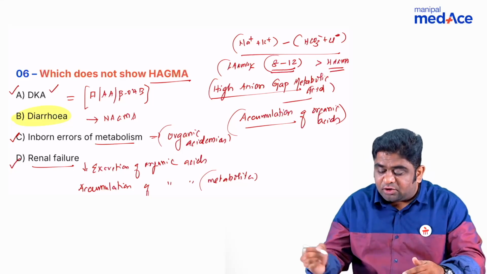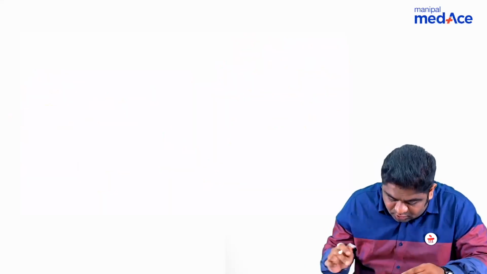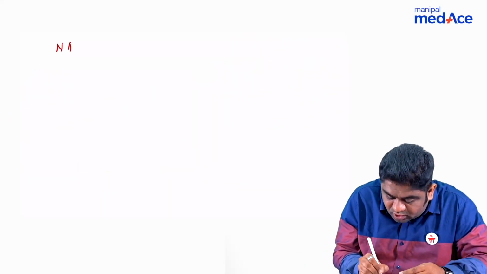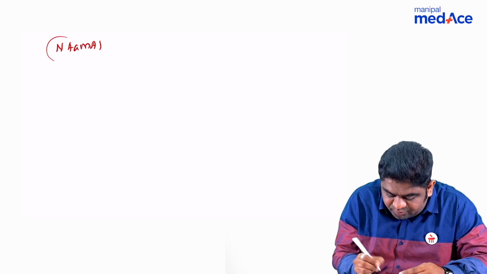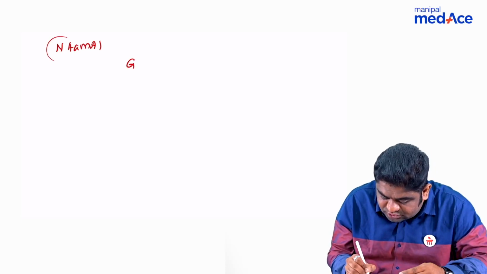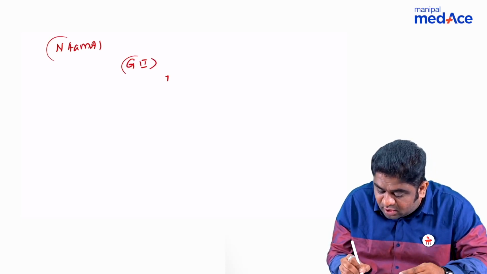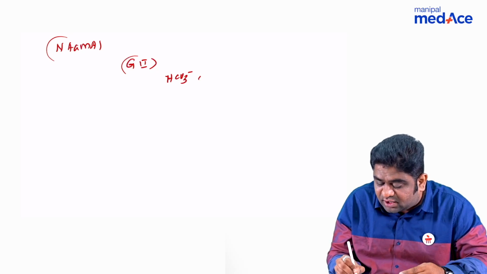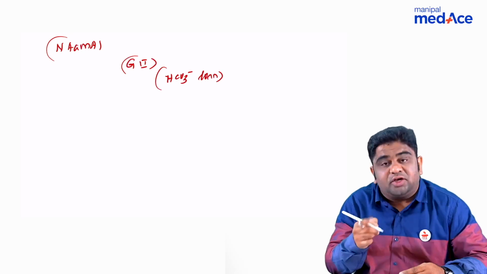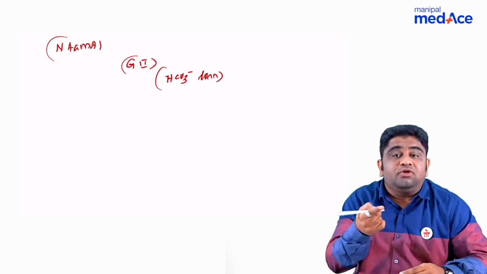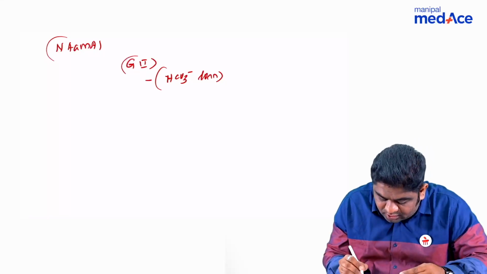Let me add some more information to this question. Look at this part. When you go for NAGMA, what are the other causes generally? See, in case of GI bicarbonate loss, this acidosis is not because of accumulation of acid, it is because of loss of base. So bicarbonate loss.